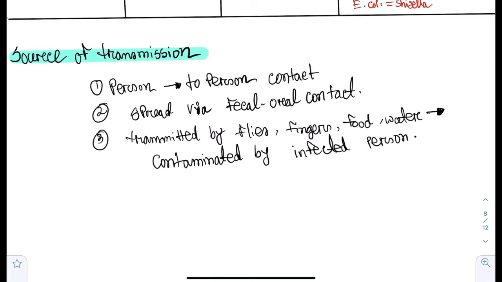And also fecal-oral contact, which means if someone goes to the toilet and doesn't wash their hands properly, and with that hand makes or eats food, there is a possibility that he or she has shigella, or it could be E. coli if the hands are not washed properly.